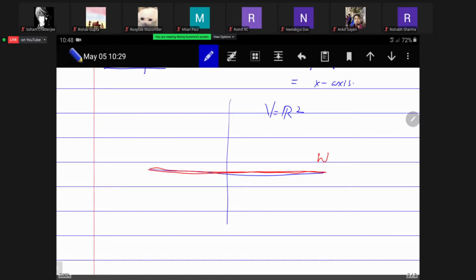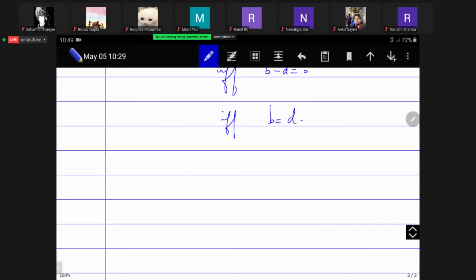Then we can draw a few equivalence classes. W itself is an equivalence class, and these are all various equivalence classes. So all horizontal lines are exactly the equivalence classes for this equivalence relation. Let's write that remark.